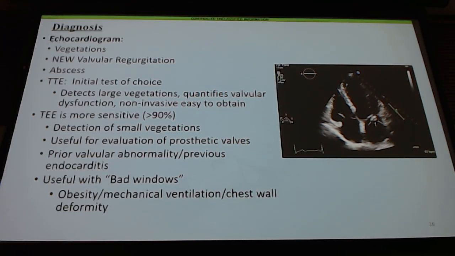This can pick up on large vegetations, but if you don't see a vegetation and you are suspicious for infective endocarditis, go ahead and get a transesophageal echo when the patient is stable enough to be able to visualize that vegetation. The sensitivity is much better with a transesophageal echo when you compare it to a transthoracic echo.